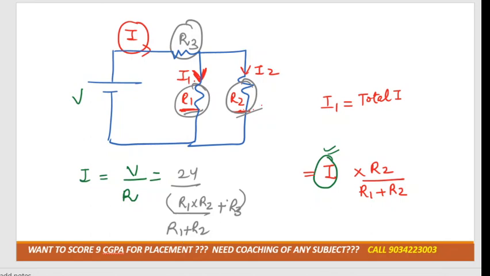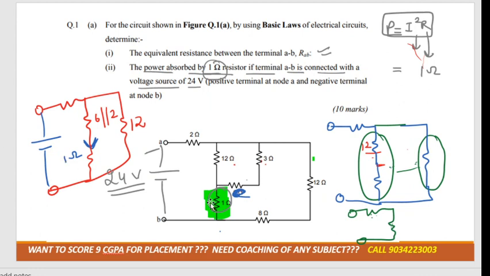By putting in all the values of resistance, we'll get the value of current, and we can substitute it over here, then we'll get the value of I1. After getting I1, we'll get the current in the 8 ohm, and we can put the value of current over there, then we'll get the power absorbed by the 1 ohm resistance, right?